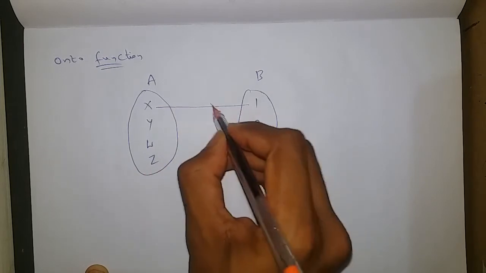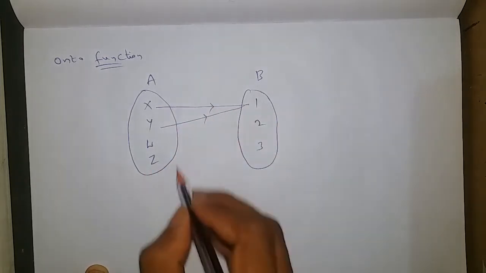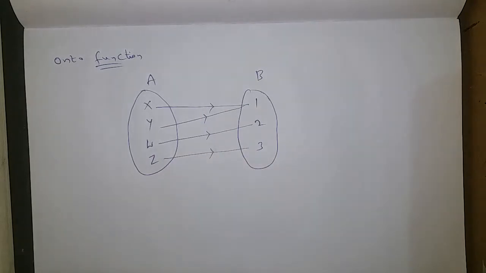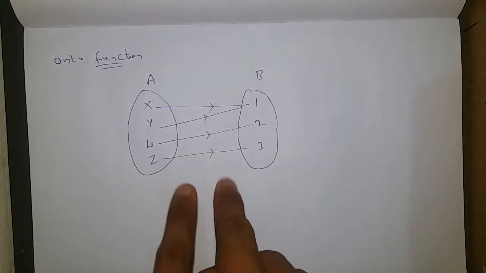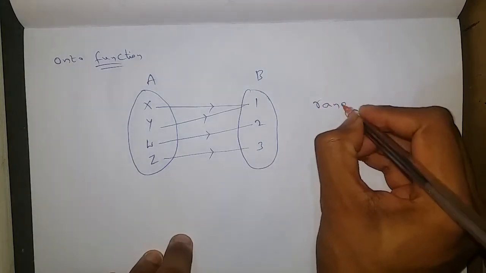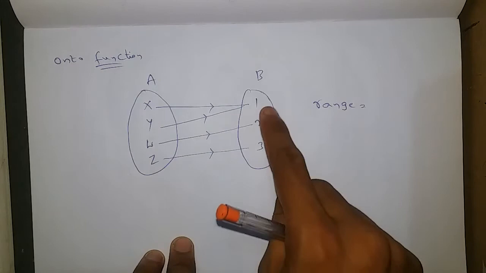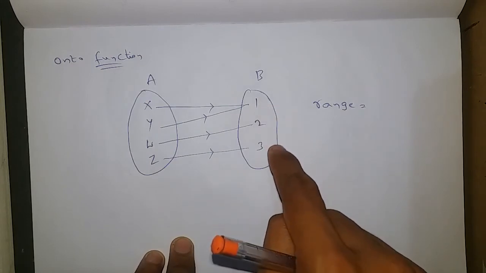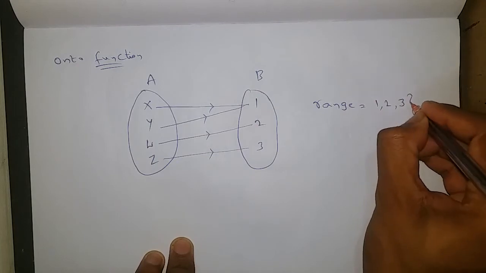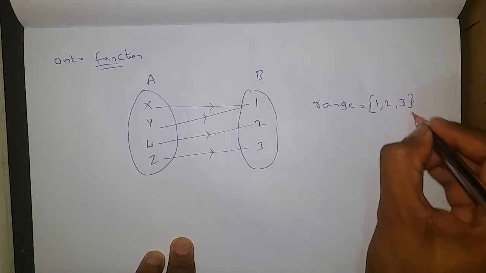X is connected to 1, y is also related to 1, w is related to 2, and z is related to 3. Now for this function, what is the range? Range of this function is 1 is output, 2 is output, 3 is also output. So range of the function is 1 comma 2 comma 3.